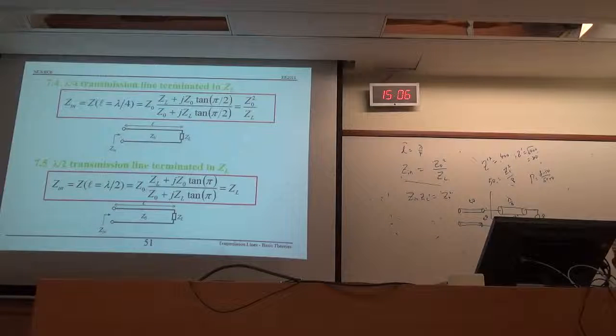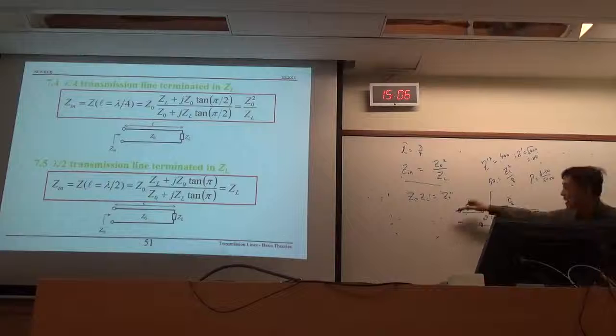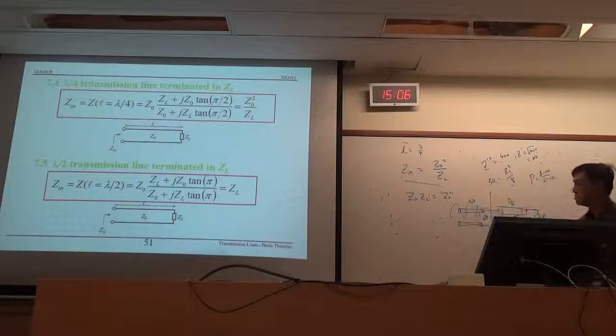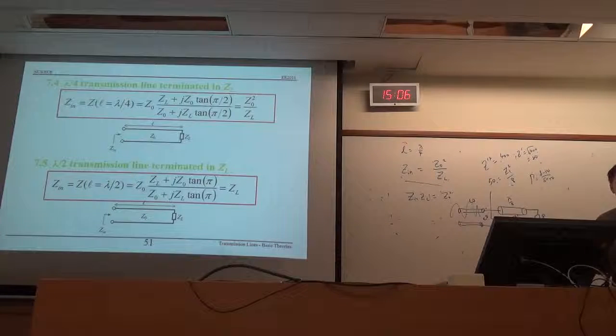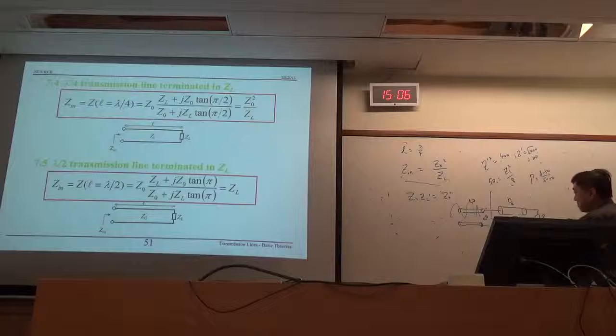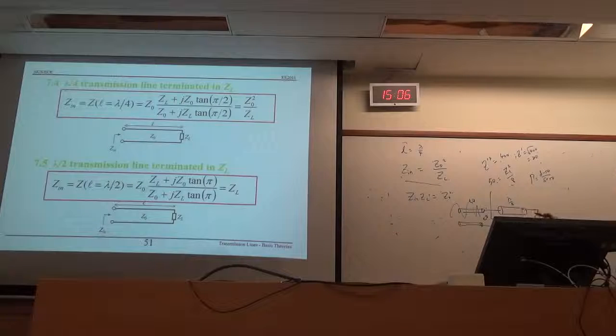So if I want to connect an 8 ohm load to a 50 ohm transmission line and I do not want any reflections along this transmission line, what am I going to do? I just put another transmission line of 20 ohm, lambda by 4, and I kill all the reflections.